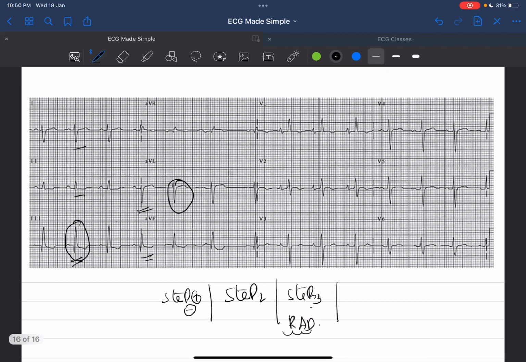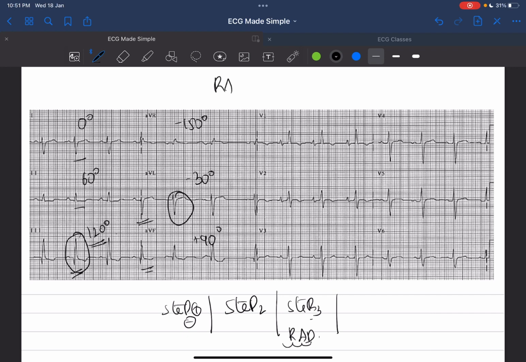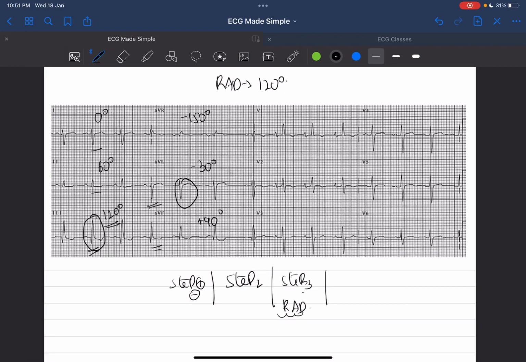AVR has minus 150 degree, AVF has plus 90 degree and AVL has minus 30 degree. Lead 1 has 0 degree, lead 2 is 60 degree and lead 3 is 120 degree. So lead 3 is 120 degree. My axis is right axis deviation, and this is around 120 degree.